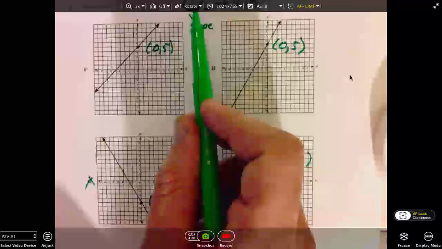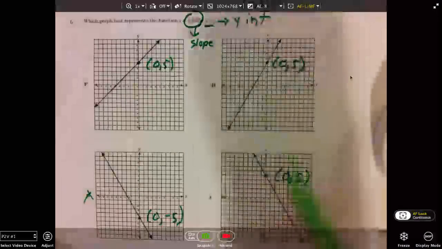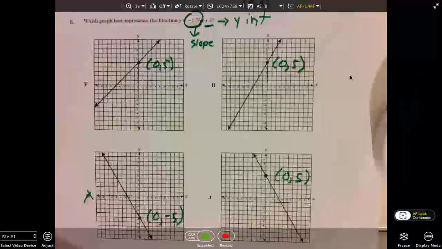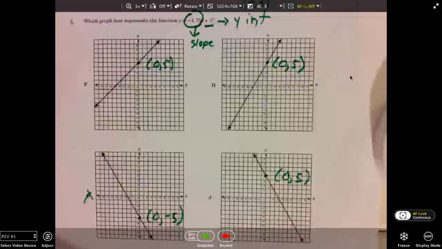Now we need a slope of negative 1.75. Well, one thing we know about slope is it will indicate to us whether the line is moving up or down.